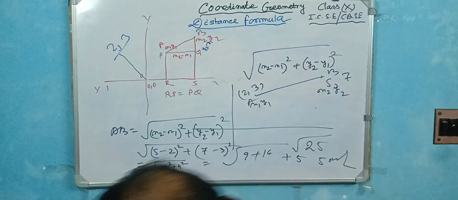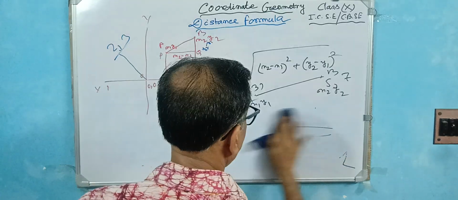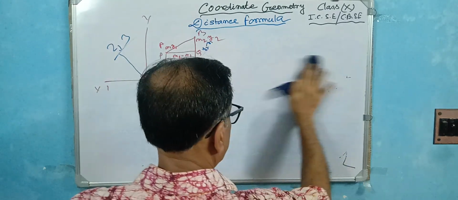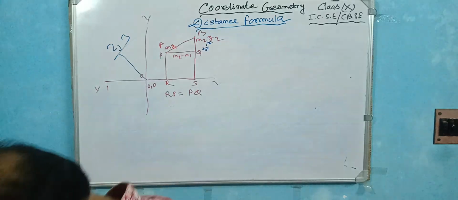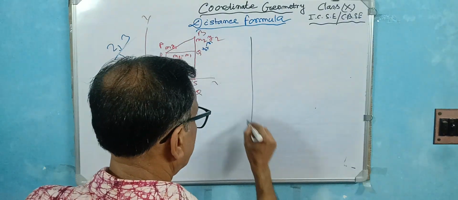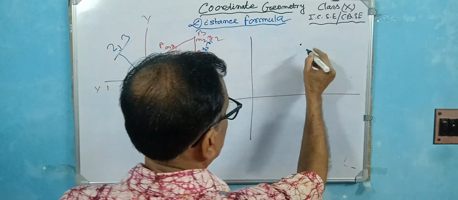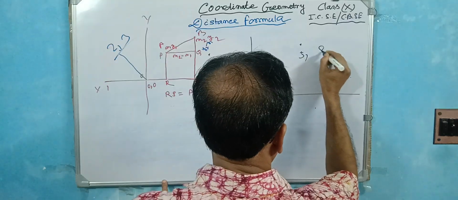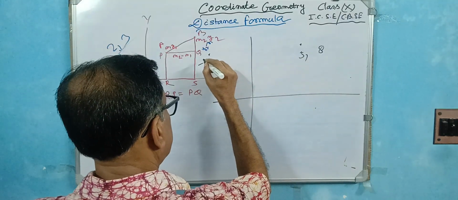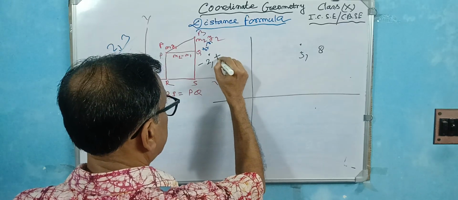Suppose this is (5, 8) and this is (minus 2, plus 3).